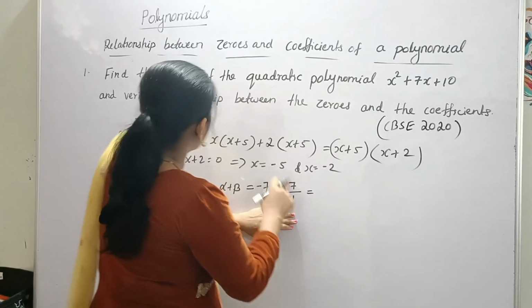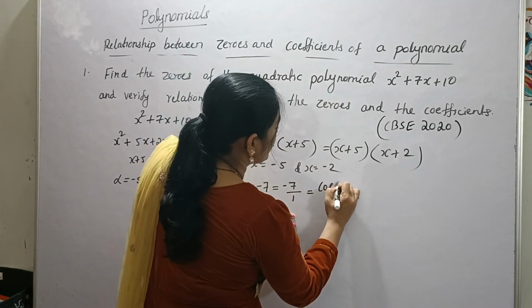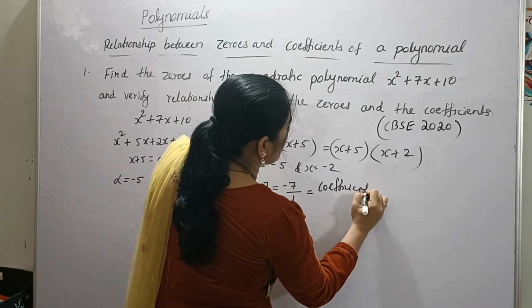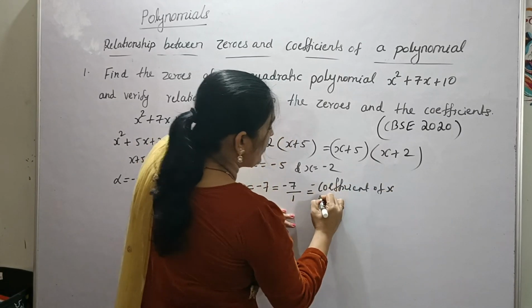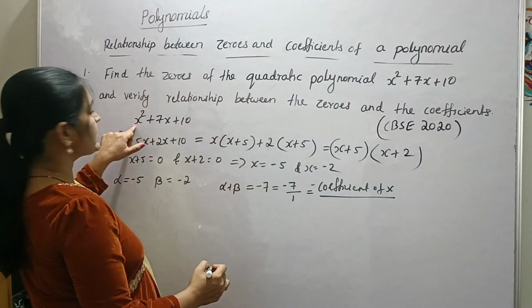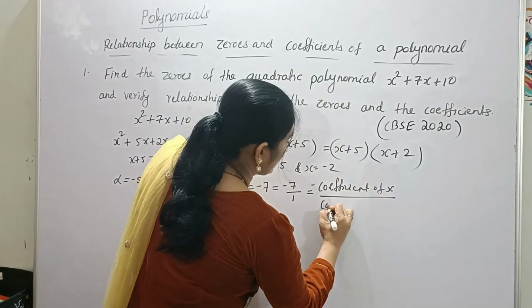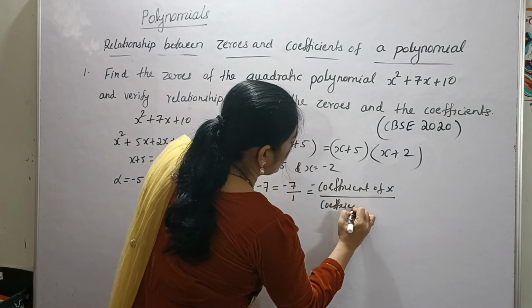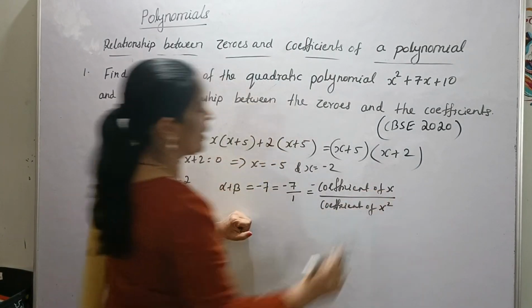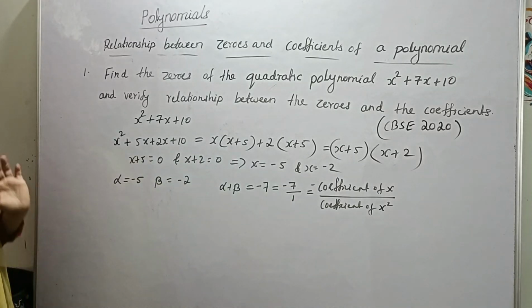So here 7 is the coefficient of x, divided by 1, the coefficient of x square. It is verified for the sum of zeros.